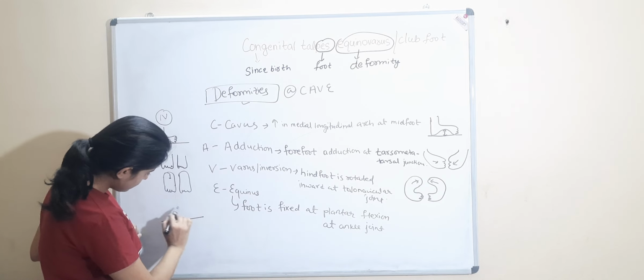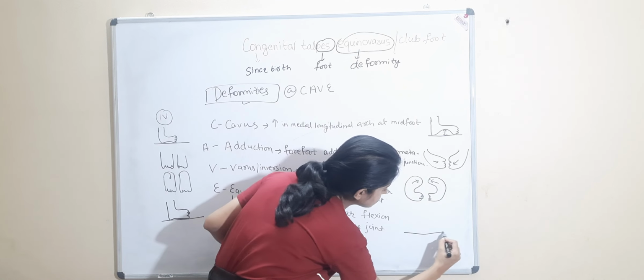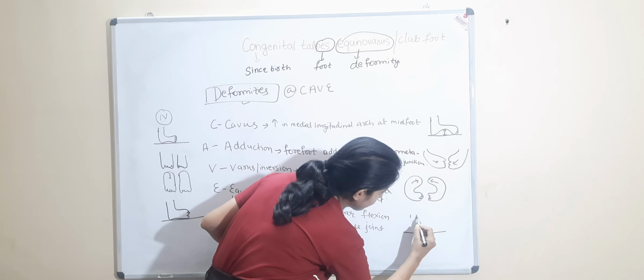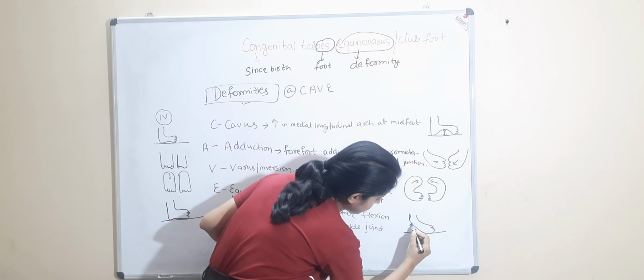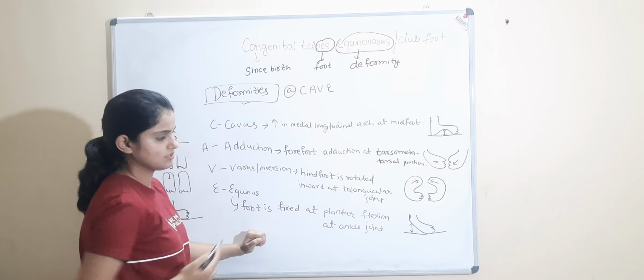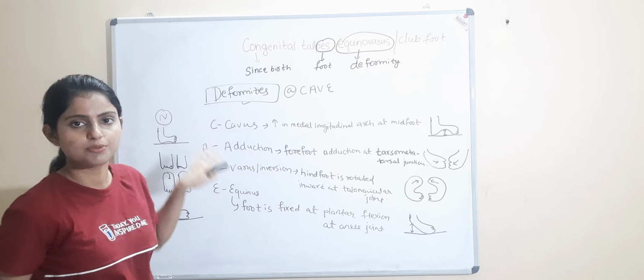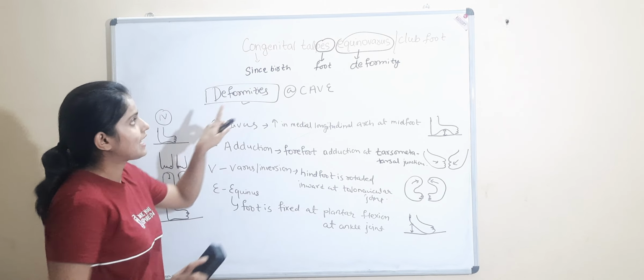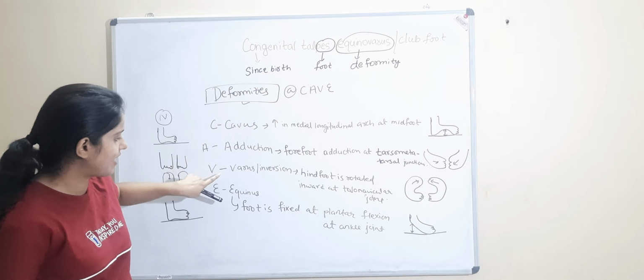Suppose this is normal foot. In equinus, the foot becomes like this. Heel is above the ground. So these are the deformities seen in congenital talipes equinovarus: cavus, adduction, varus and equinus.